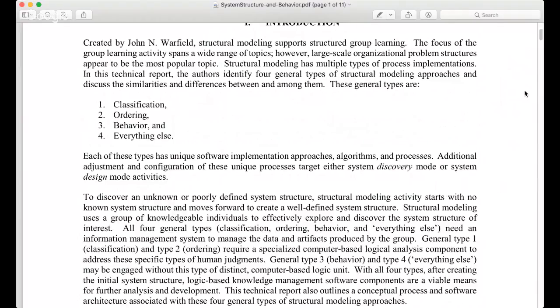So those are the areas we've covered so far, and we've verified and validated the software on the classification and the ordering. Now we'll start transitioning into creating an approach that will support the behavior and everything else.